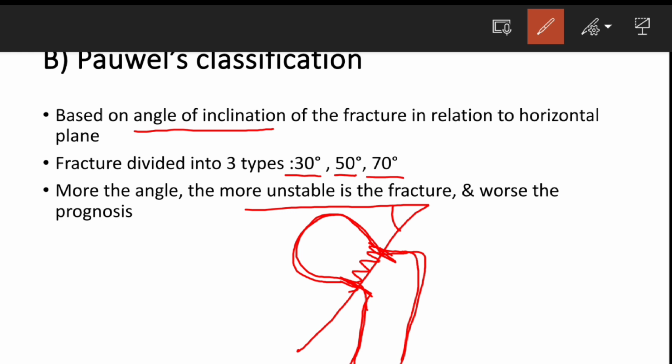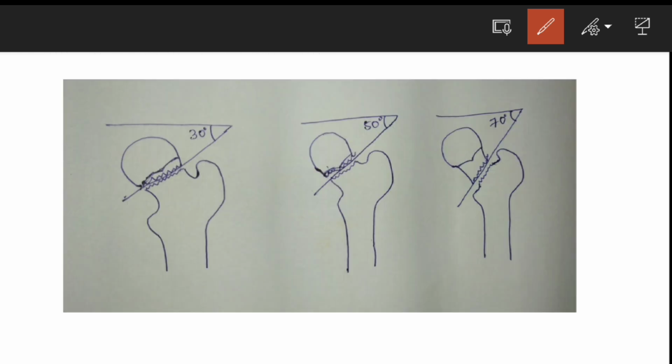The more the angle, the more unstable the fracture will be and the worse the prognosis. That means in 70 degree, there will be the worst prognosis. Why? Because it will be the most unstable fracture. See, here you can see this is first, this is second and this is third. Here the angle is 30 degree, which means this will be less unstable.